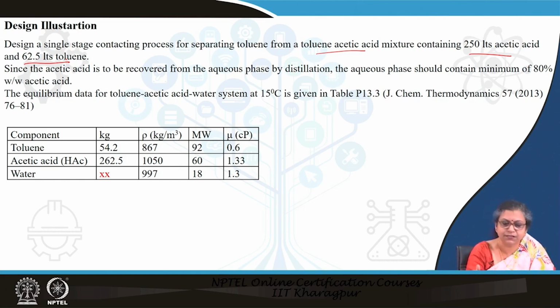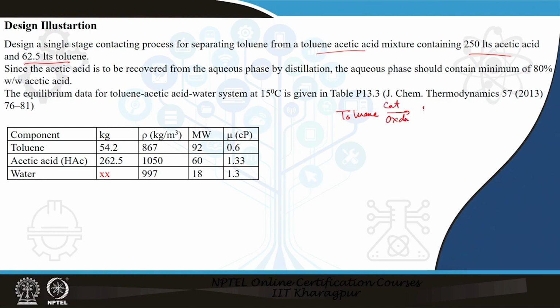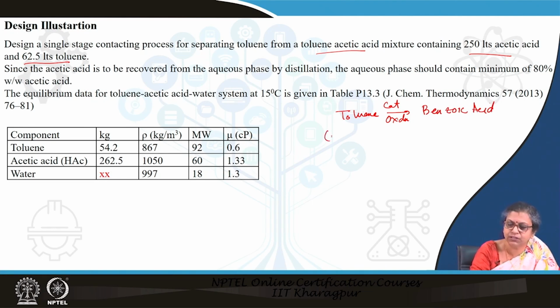The genesis is, very frequently we use toluene and perform its catalytic oxidation to obtain benzoic acid, and for this particular reaction the toluene is dissolved in acetic acid and cobalt acetate is taken as the catalyst. So, we started with 250 liters of toluene and 250 liters of acetic acid.